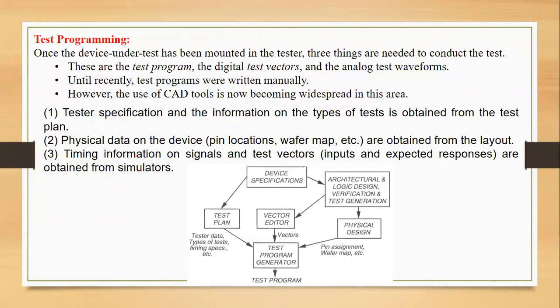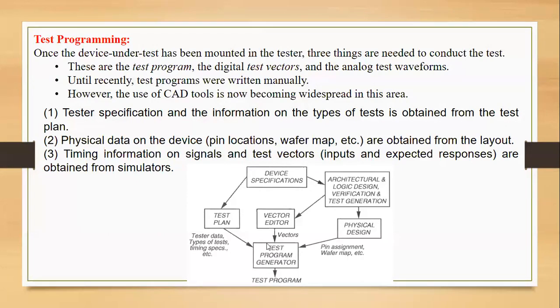So the testing program is differentiated into three levels: one is test specifications, the next is physical data, and the next is timing information. Here you can see the basic block. The test programmer gets its input from the test program generator.